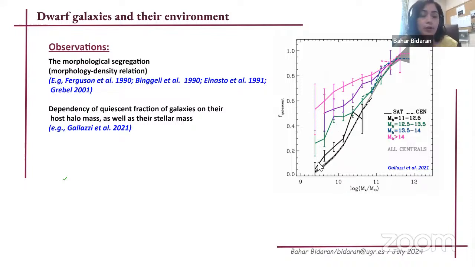As you can see, for low mass galaxies, this is not covering the whole dwarf mass range, but it touches the high mass dwarfs. You can see that dwarfs in high density environments on average have higher quenched fractions compared to galaxies in less dense environments like a small group or the field.